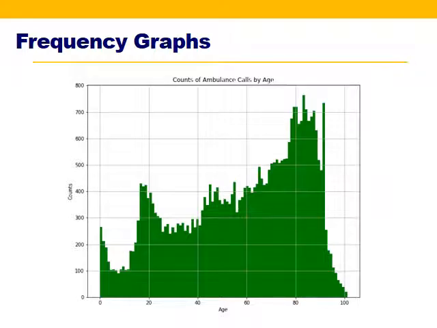Now, rather than looking at each individual little tiny bar, if you kind of step back and you look at the overall pattern or the overall distribution of the graph, what you'll see is there's kind of a spike when kids are really young, right?